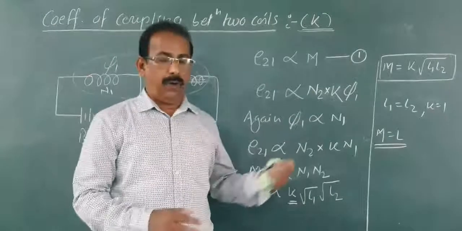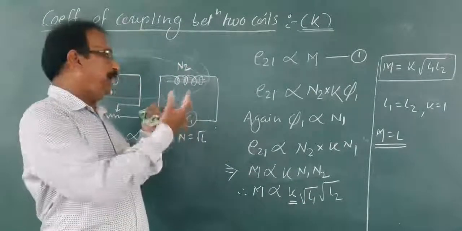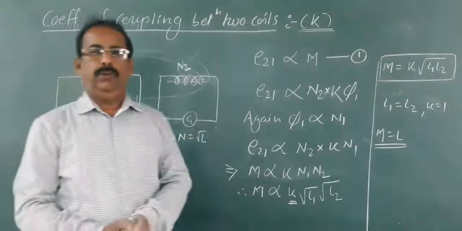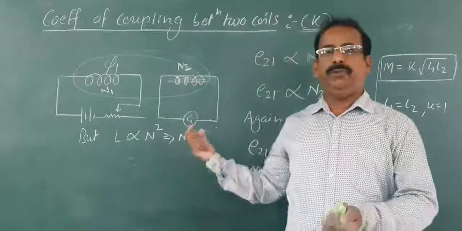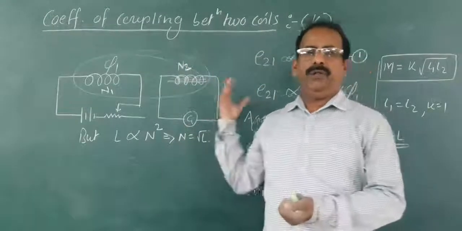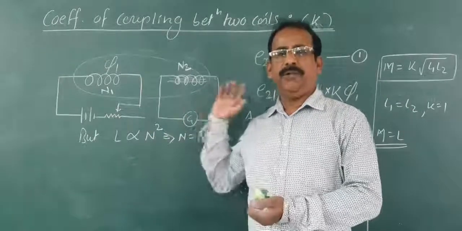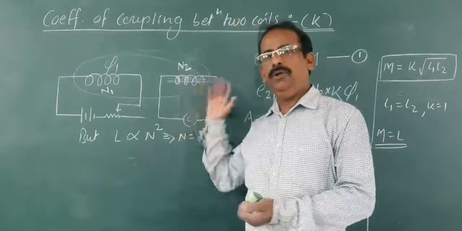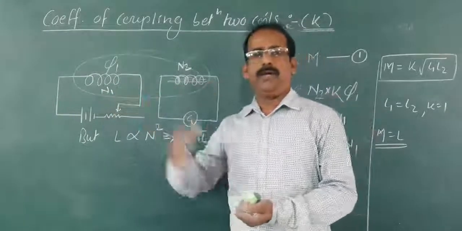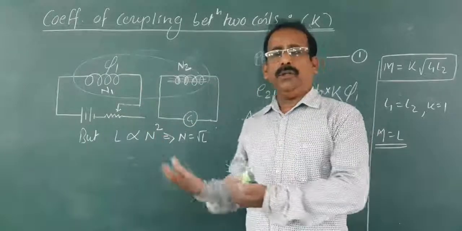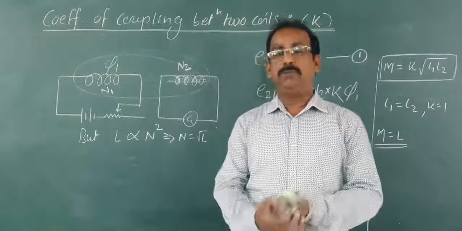The value of coefficient of coupling K depends on the arrangement of the two coils. If the two coils are arranged like this, as shown in figure, parallel, in same direction, along same axis, in this case we get K greatest, maximum.